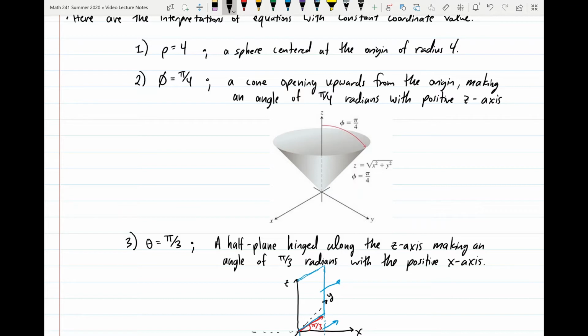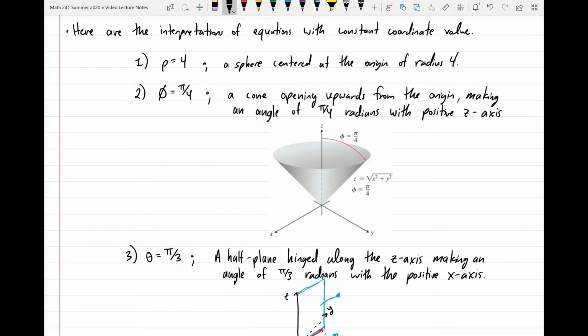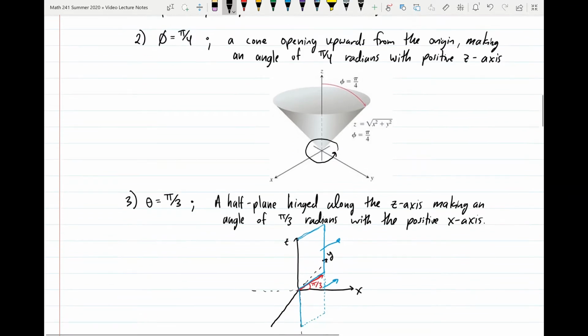Rho can be anywhere between 0 and infinity, so the cone is going to extend out forever. And because we don't have any bounds on theta, theta is going to go all the way around the z-axis. And so you can kind of think about it as taking that ray, phi equals pi over 4, and rotating that ray around the z-axis, and you end up with a cone.